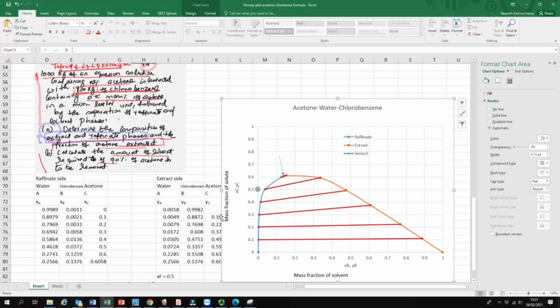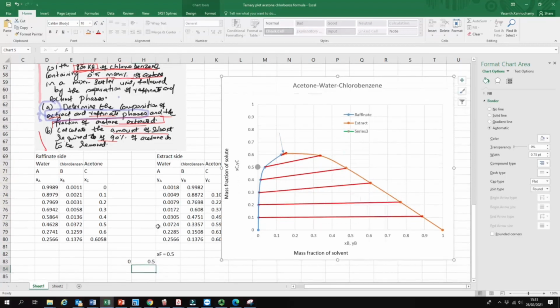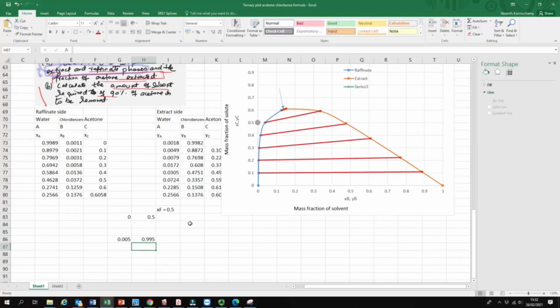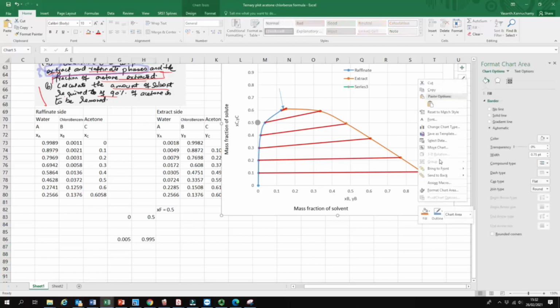Your solute concentration is 0.5%, and we are expressing it in terms of weight fraction, so that should be 0.5 by 100, which is 0.005. And then your solvent concentration should be the rest of this value, so it should be 1 minus 0.005. So we can plot that one on this.